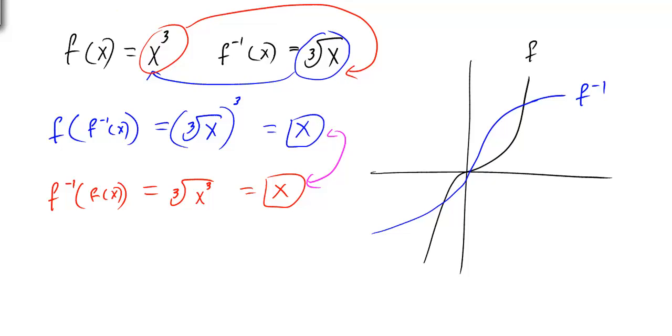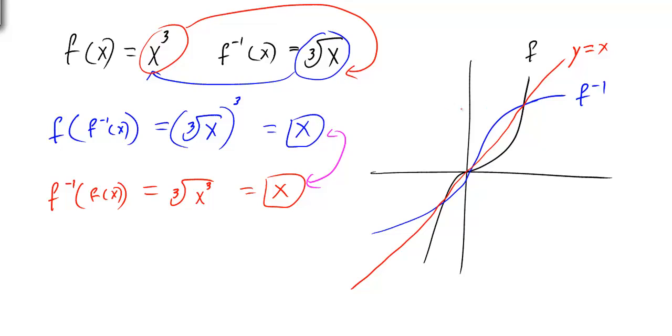If you notice what's happening, if you recall the name of this function that goes right through here, this is the identity function y equals x. If you have two functions that are inverses, then they're always going to be a mirror image. In other words, they're going to be a reflection, or symmetric, with the line y equals x.